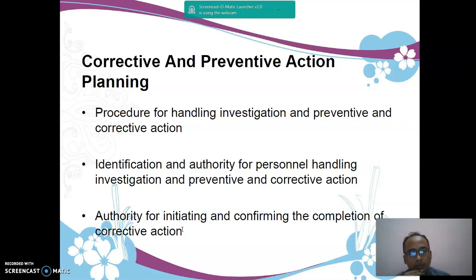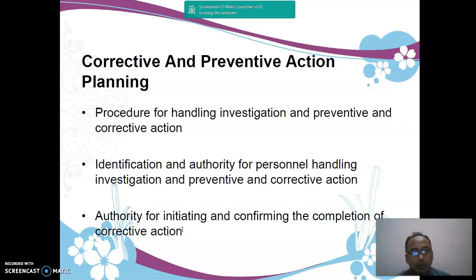And then in terms of planning, you have to identify the authority for personnel handling investigation and preventive and corrective action. So you should know who is the investigator and who should implement the corrective action that has been recommended or suggested. And then you should know who has the authority for initiating and confirming the completion of the corrective action.